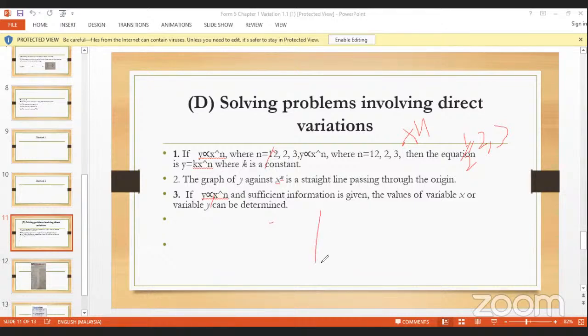The graph of y against x^n is a straight line passing through the origin. If y is proportional to x^n and sufficient information is given, the values of variable x or variable y can be determined. Now, let's move on to the next question.